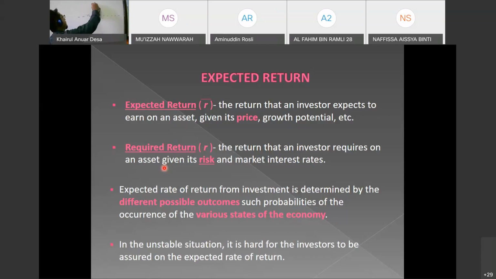Okay, ini adalah R. This is R. Boleh nampak di belakang ni? Can you see my whiteboard? Alright. Sorry. This is R.